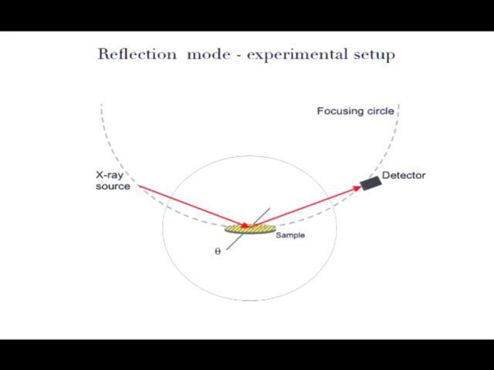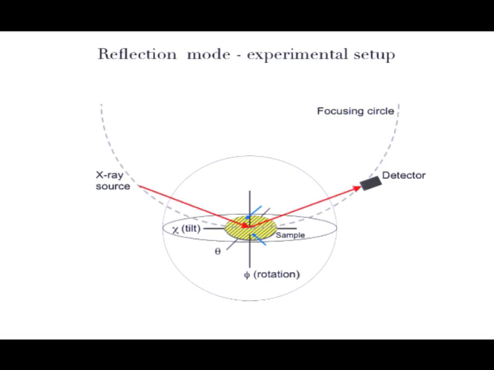Of course, you can also rotate it along phi within the disk, and for a texture measurement, you also tilt it in the other direction. The problem with Bragg-Brentano geometry is if you do a tilt, you have a displacement error. You tilt your sample out of the focusing circle. So what you get is broad peaks.